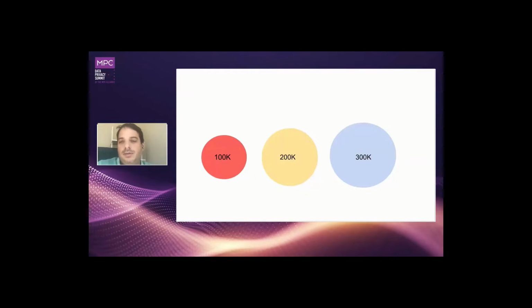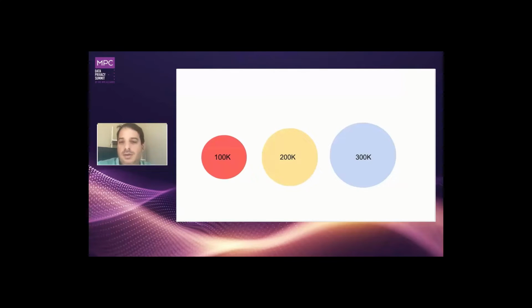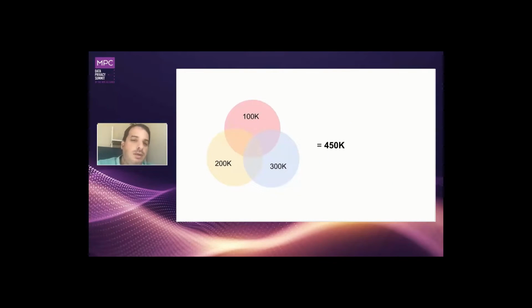And just to illustrate the problem that we're trying to solve here, imagine you're an advertiser running a campaign across 3 channels, red, yellow, and blue. In each of these channels, you're reaching 100K, 200K, 300K people. So the question you're trying to answer is, how many unique people did I reach across these channels?